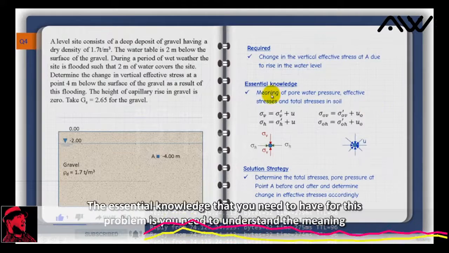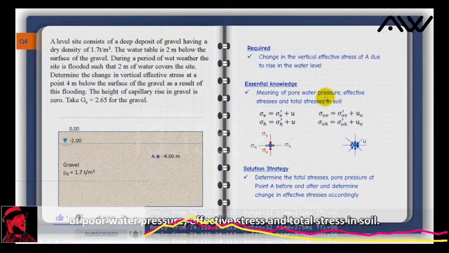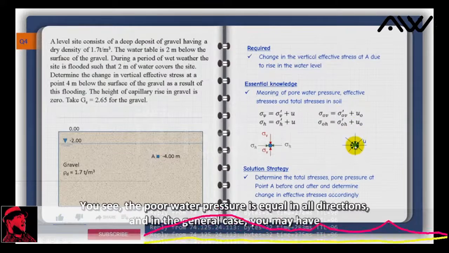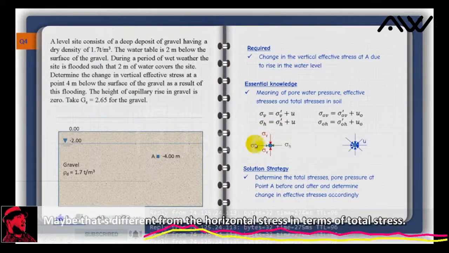The essential knowledge that you need for this problem is to understand the meaning of pore water pressure, effective stress, and total stress in soil. You see, the pore water pressure is equal in all directions, and in the general case you may have a vertical stress sigma v that is different from the horizontal stress.